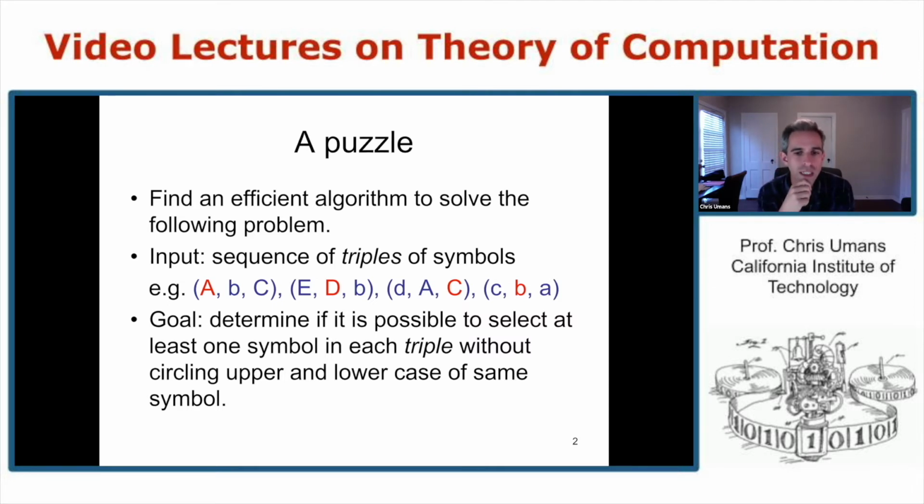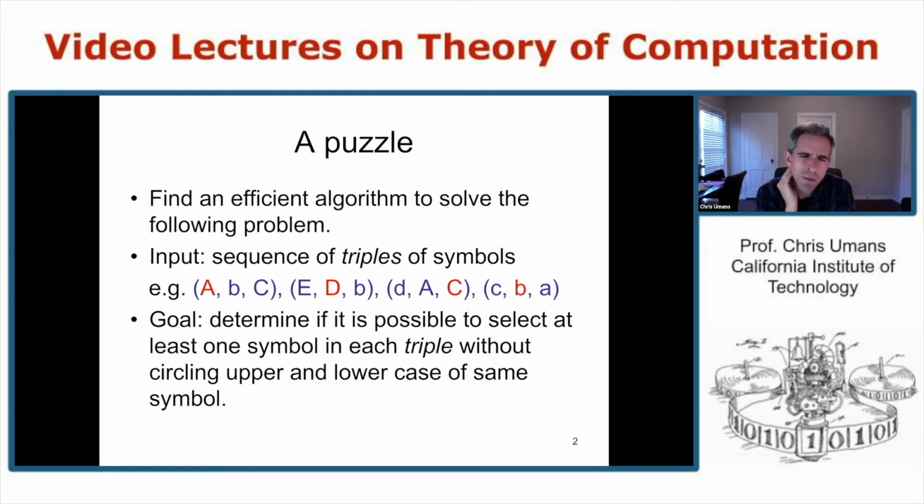Okay, so the challenge is, given a sequence of triples like that, find an algorithm to identify which type this is. Either it's possible to circle one symbol in each triple without choosing both uppercase and lowercase, or it's not. And that's a sort of combinatorial puzzle, and it's one that you could imagine trying to devise an algorithm for.